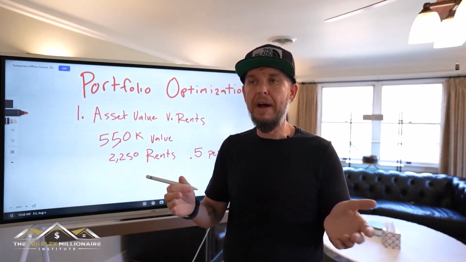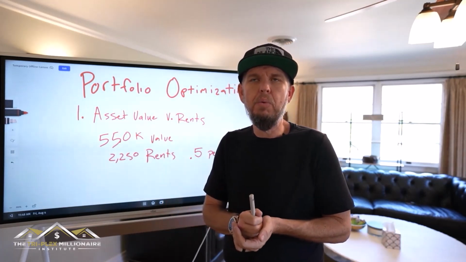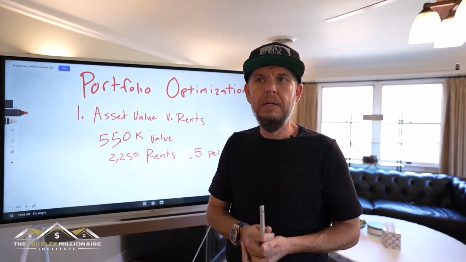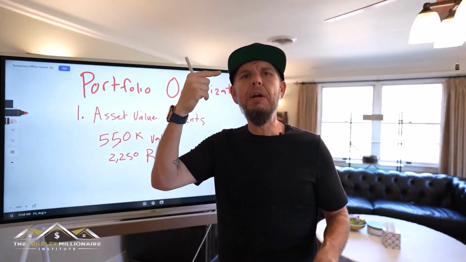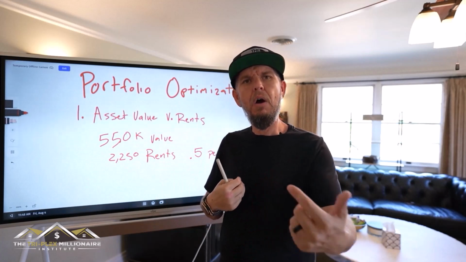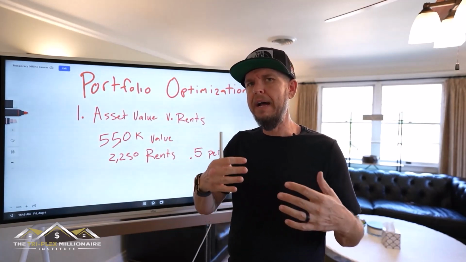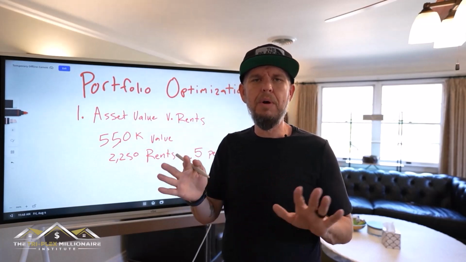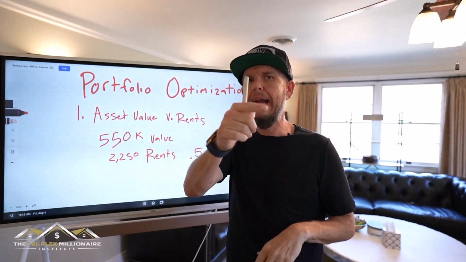So that's the first thing we want to look at, and it gives us a pretty quick indicator. If somebody tells me, hey, I've got 4 rental properties and they're worth $3 million, I can ask, okay, great, what are your rents? And it's really quick and easy for me to say, oh, your rents are $17,000. That's 0.55 or 0.53 or whatever that is. I know right up front, super quick, I can do better for you.